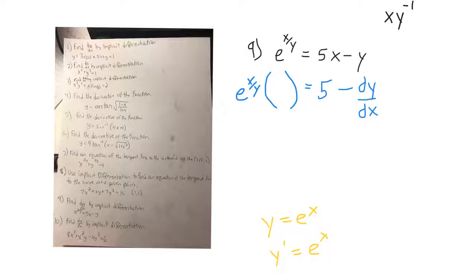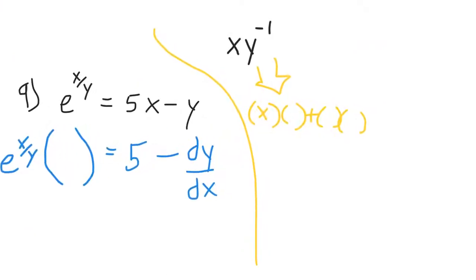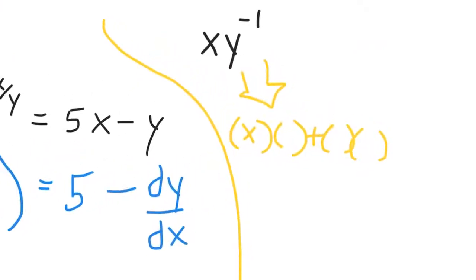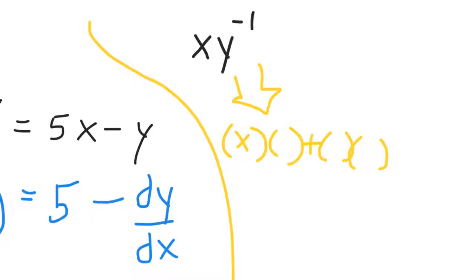And the derivative of that, if we're going to do implicit differentiation, would be a power rule. That's one way of doing it. So we'll keep the first thing. We'll do the derivative of the second thing. That's going to be negative y to the negative 2. But we're going to have to multiply that times dy over dx.